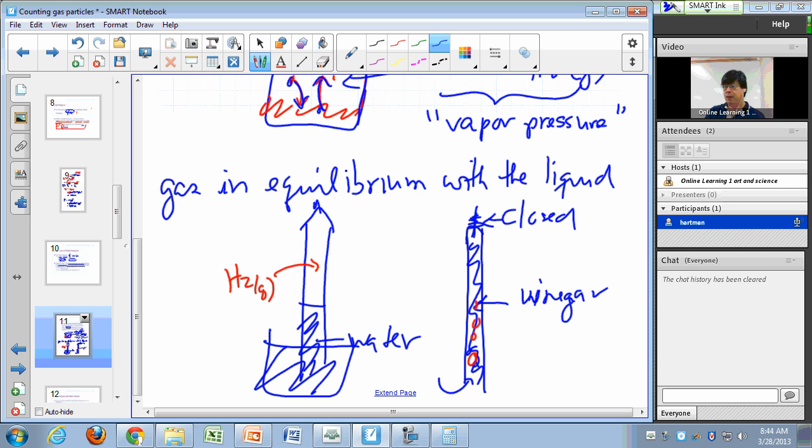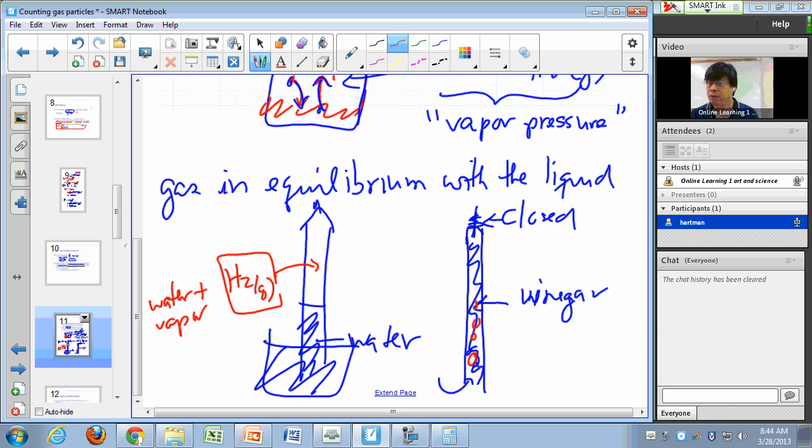Now, this hydrogen gas that you have is not pure hydrogen. It actually has water vapor, because you're collecting it above water, so in addition to H2 molecules, it's also going to have H2O molecules there in the gas phase. So one of the things you'll be calculating is the partial pressure of the hydrogen.